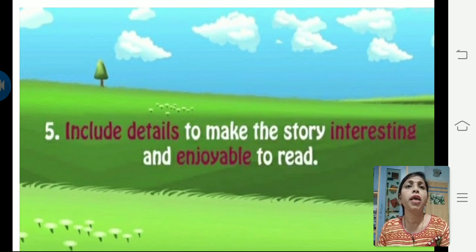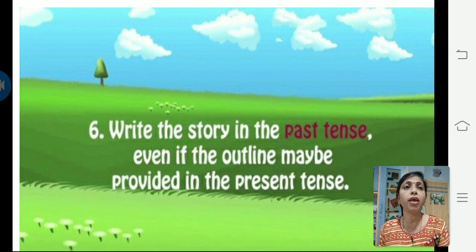Next, include details to make the story interesting and enjoyable to read. Whatever outlines are given, you should include all the details given in that outline to make the story interesting and enjoyable to read. Next, write the story in past tense.